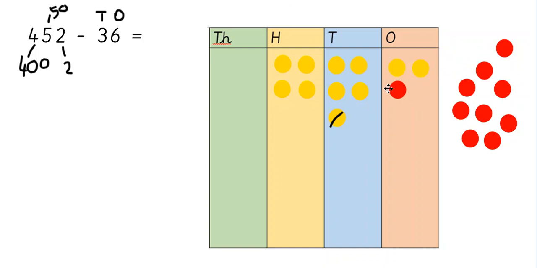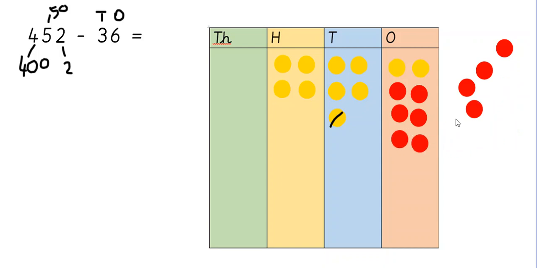Okay, but we can't just give it 1, because there are 10 ones in 10. Which means we need to give our ones column 10. 1, 2, 3, 4, 5, 6, 7, 8, 9, and 10. Okay, so because there are 10 lots of 1 in the number 10, we need to give our ones column 10.